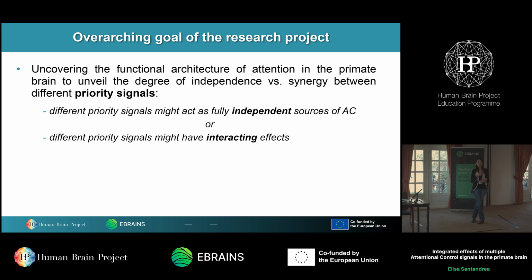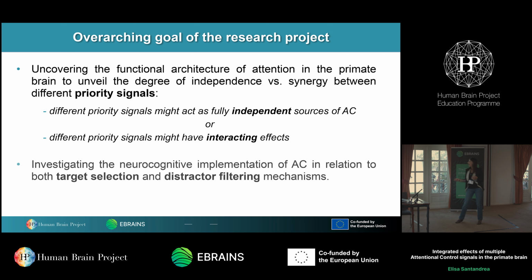And in the extreme case, one could take precedence in a given moment based on the needs of the individual or the context. The study of attentional control signals and their interaction was done in relation to both target selection and distractor filtering in the Macbrain project.